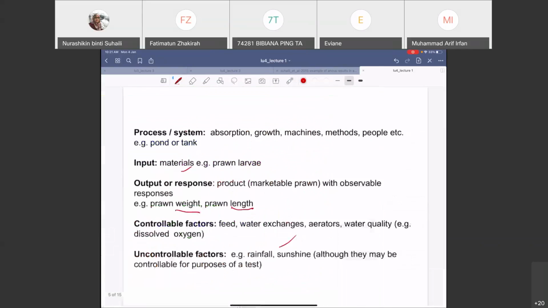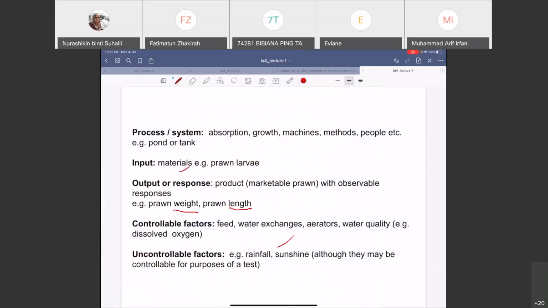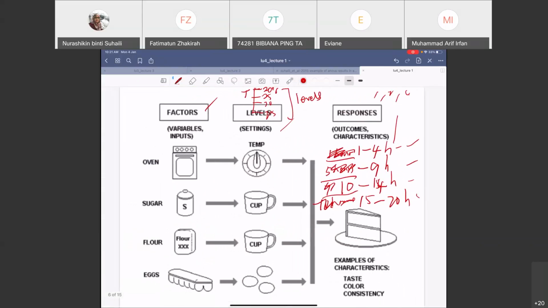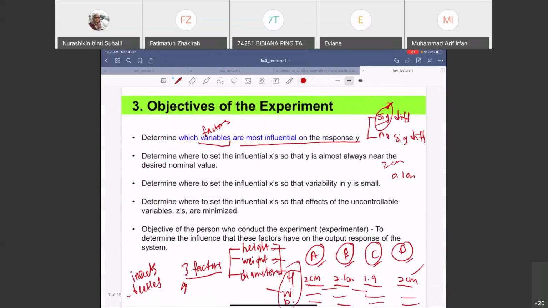For the factors, you must know that you can set levels or blocks, and you have to apply replication.